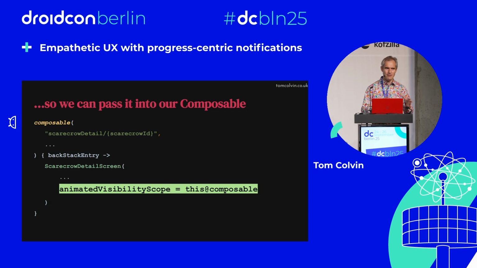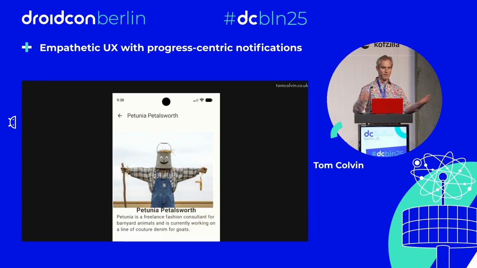It's a slightly weird kind of syntax, because composable is a function, not a thing that necessarily has a this, but the reason is it's a function that's defined in a particular scope, so it has a receiver, so that this kind of makes sense. Just looks a bit odd. We end up with this.